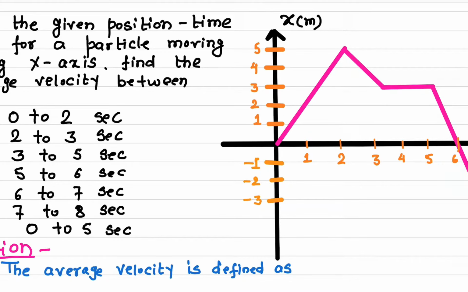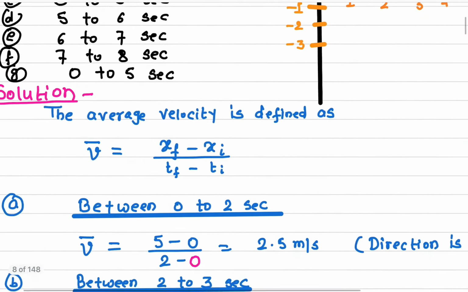You can immediately see that the slope here is negative. This is uphill and this is downhill. Downhill means the slope is negative, so the average velocity in this case has to be negative.